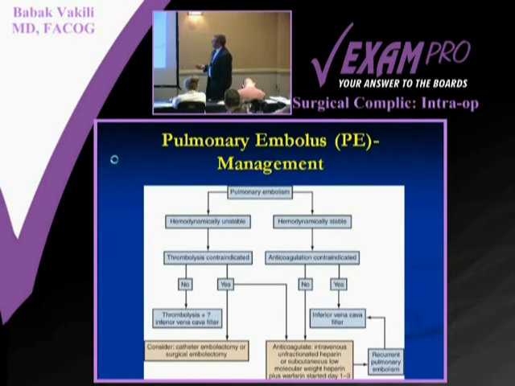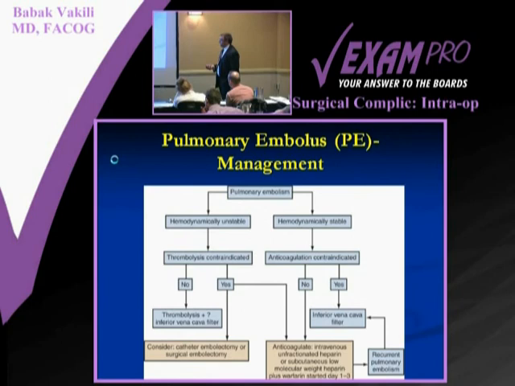How do you manage it? If they're hemodynamically unstable, you're going to thrombolyse them, TPA, streptokinase, whatever, unless it's contraindicated. All right? If it's contraindicated, then you have to talk about embolectomies. If it's not contraindicated, you thrombolyse them, maybe filter them. If they're stable, 9 times out of 10 they'll be stable, you have to decide if you can anticoagulate them.